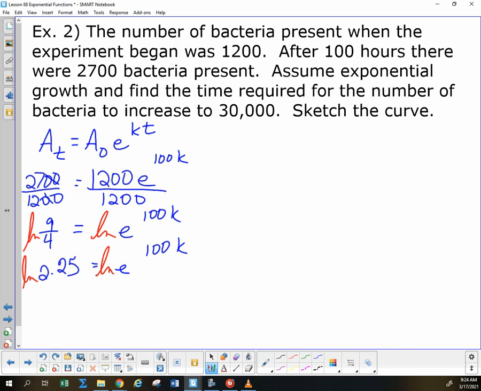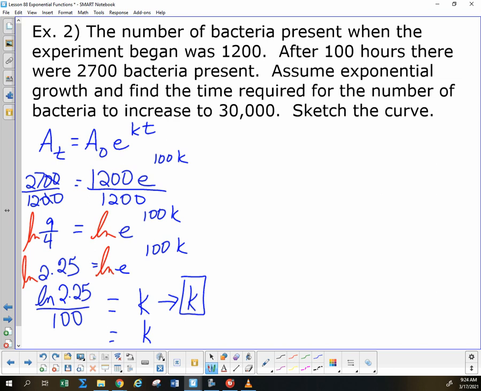So we need to enter on our calculators. K is, I think I'm going to go with 2.25 since that's exact. I couldn't do it if I had to round it. But that's not quite as messy to enter on my calculator. And I am going to store this as a new value of k. And I'm going to write down approximately what it is to help me know when I'm grading your work. Did you just enter that wrong on the calculator and then that's what threw everything else off?